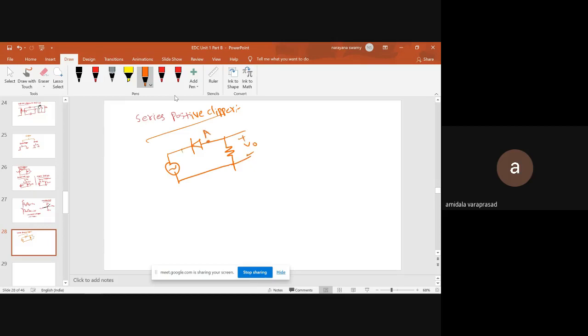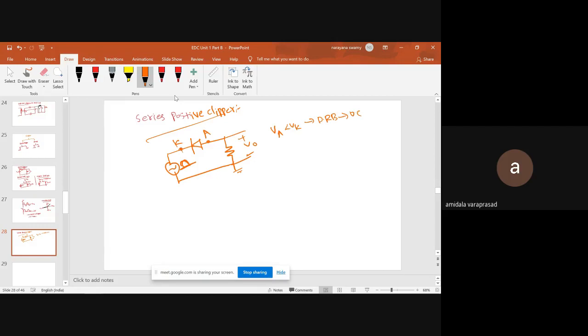Now this is cathode. Now if you apply positive voltage, positive half cycle, cathode is positive, anode is connected to ground. Then here VA is less than VK. Then diode is in reverse bias. Okay, then open circuit.